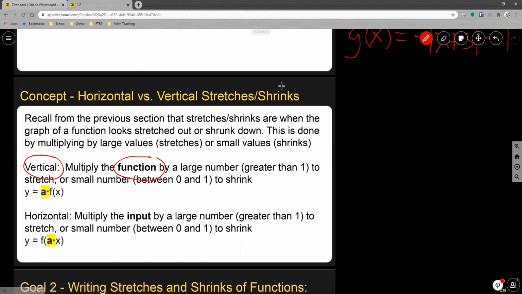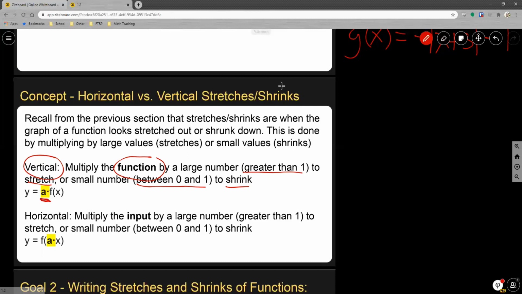We multiply by a large number, meaning greater than 1, to stretch, or a small number between 0 and 1 to shrink. We're going to call that number a. Whatever we're multiplying by is going to be a, and we're multiplying that by the entire function. There's my stretch or shrink value.